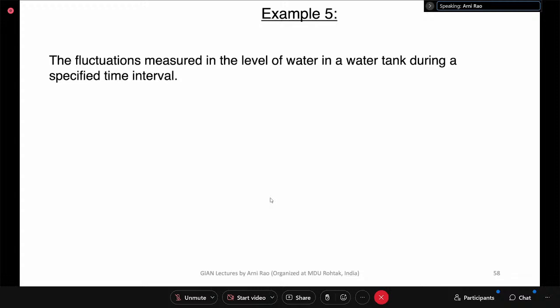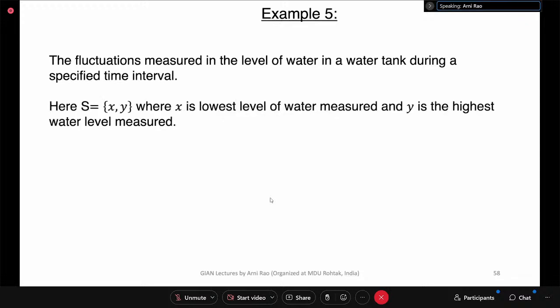And our last example, I think, is the level of water in a water tank. In your home, in a bathtub, or in the sink, the wash basin, or on the overhead tank of the apartment building, the water tank. You want the level of water over a time interval.